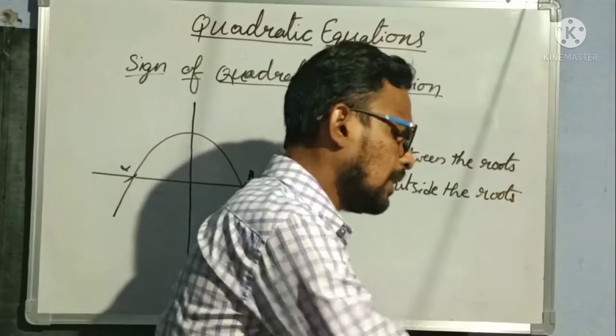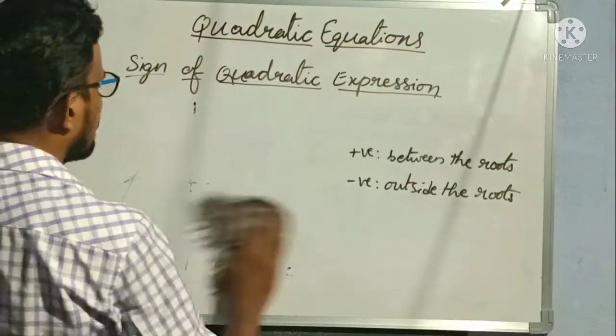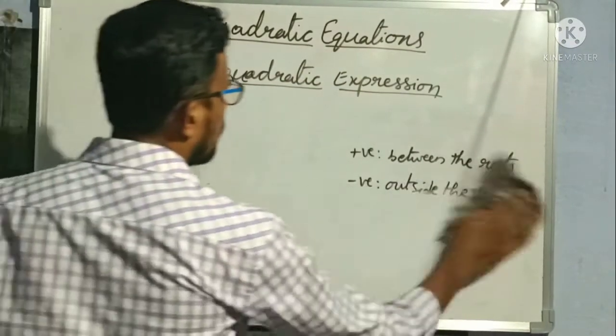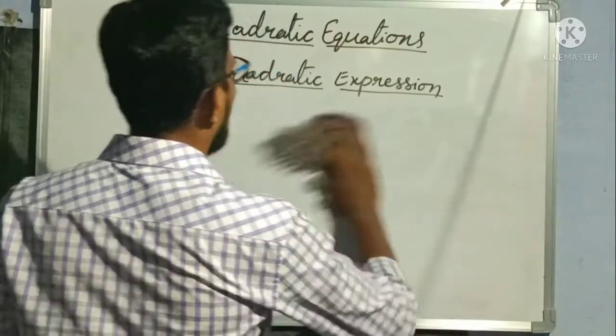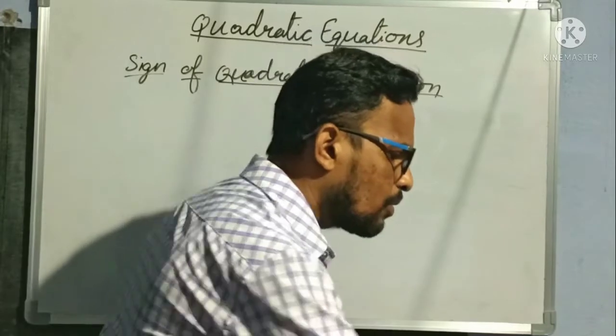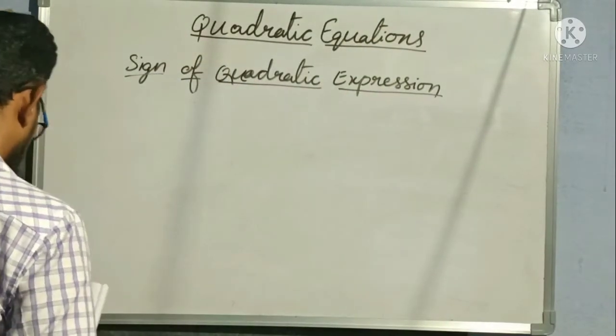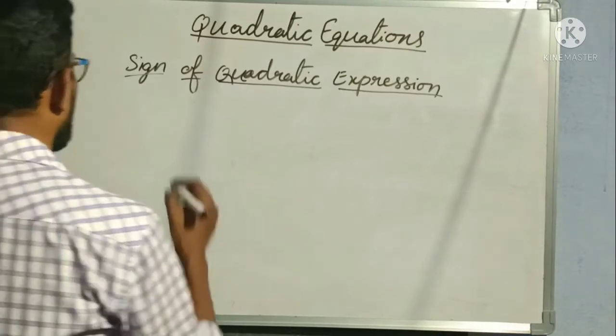So now let us see one or two examples related to our today's concept, that is sign of quadratic expression. Okay? So first question, let me erase this. So let us solve one or two examples. So what is the first example?